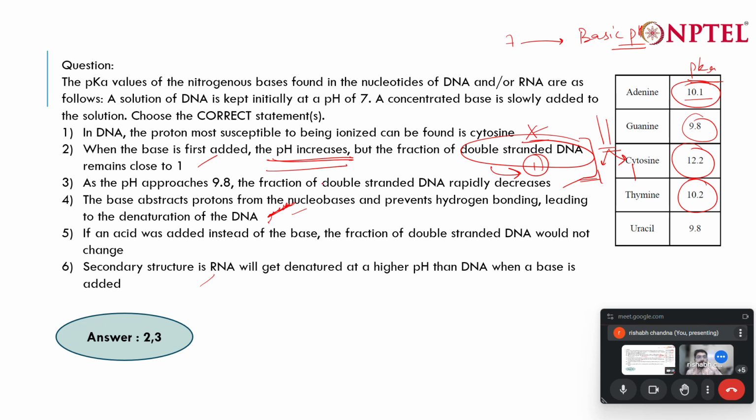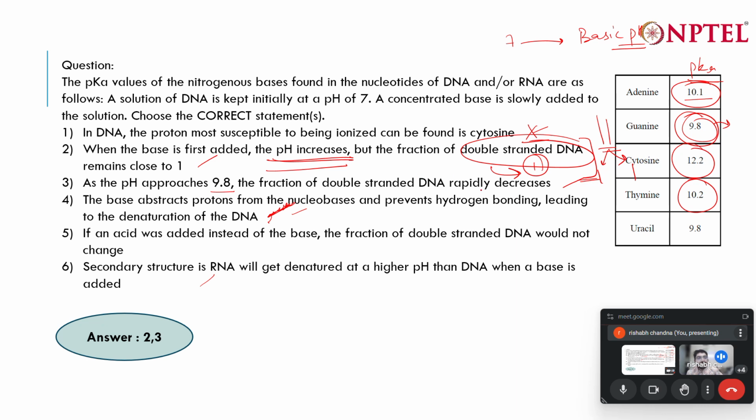Okay, now moving on to the third point: as the pH approaches 9.8, the fraction of double stranded DNA rapidly decreases. Why? Because now the guanine molecule will start being ionized. That means it will start losing its proton.